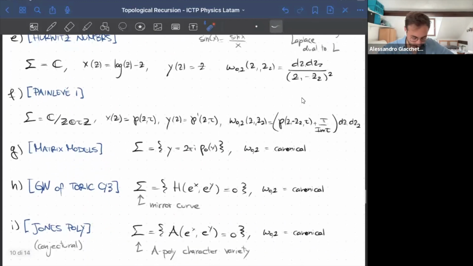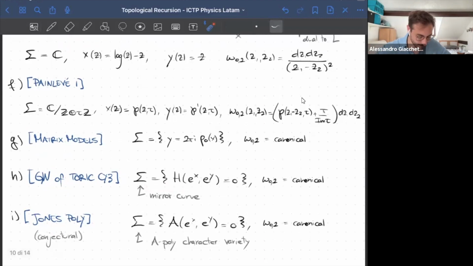And the last two examples I wanted to mention: Gromov-Witten invariants of toric Calabi-Yau threefolds. When you have a toric Calabi-Yau threefold, there's always a construction of something known as the mirror curve. If you take the mirror curve as your spectral curve, you compute these omega g,n, and these contain all Gromov-Witten invariants of the toric Calabi-Yau threefold that you started with.